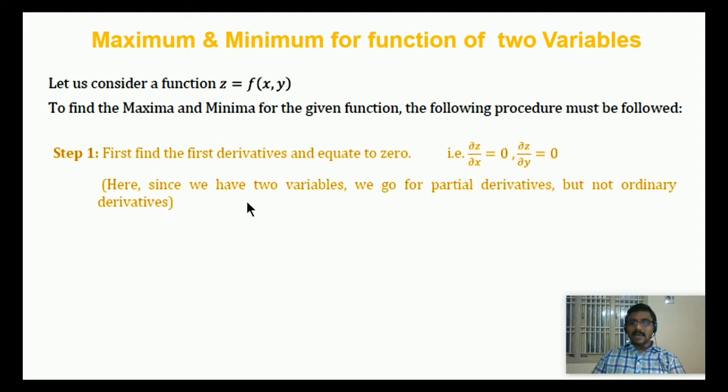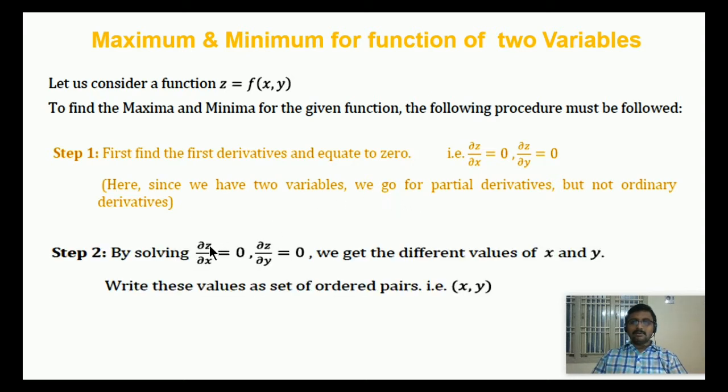Since we have two variables, we use partial derivatives, not ordinary derivatives. So in the first step, we compute two derivatives, ∂z/∂x and ∂z/∂y, which are equated to 0.